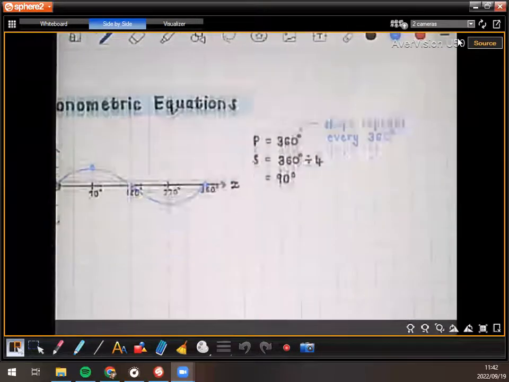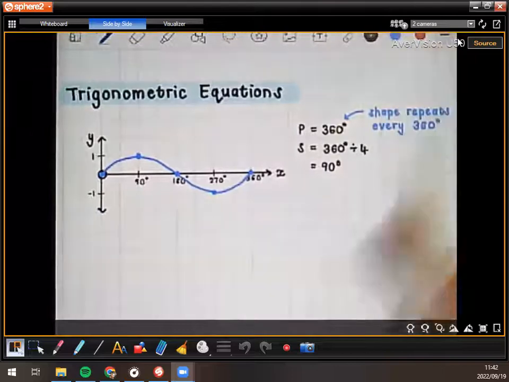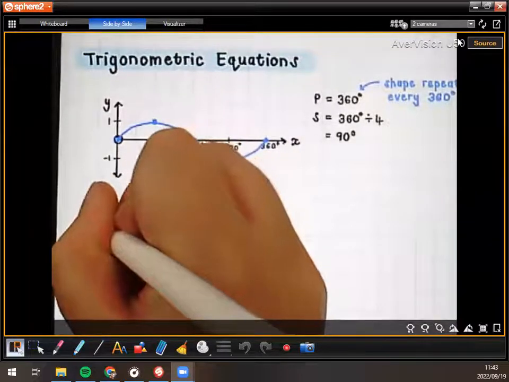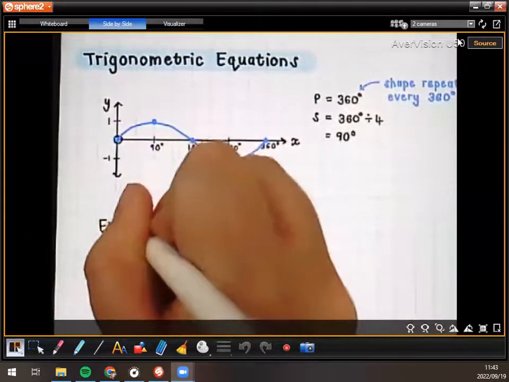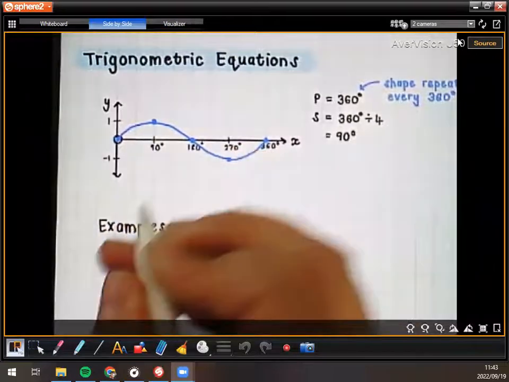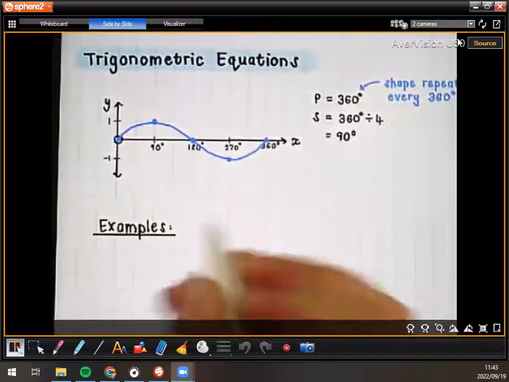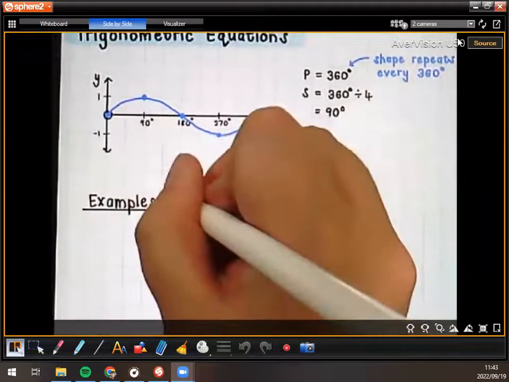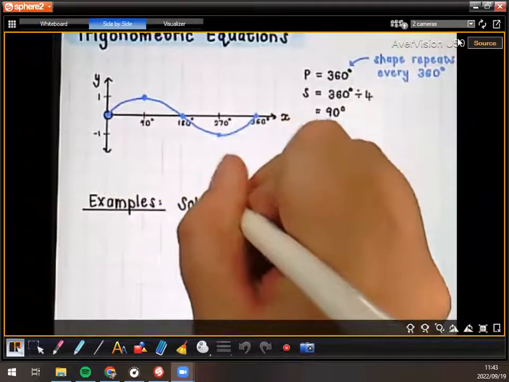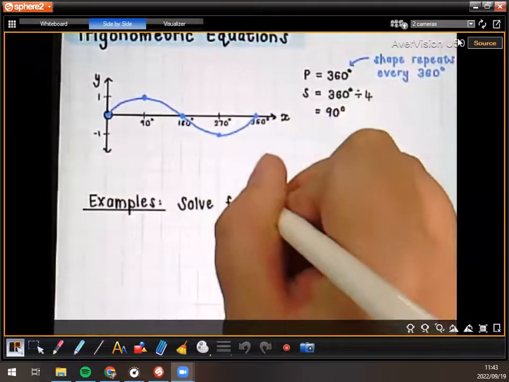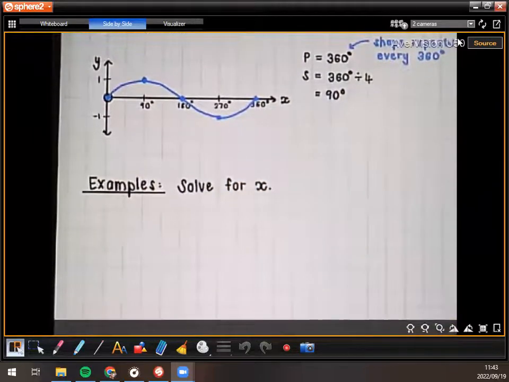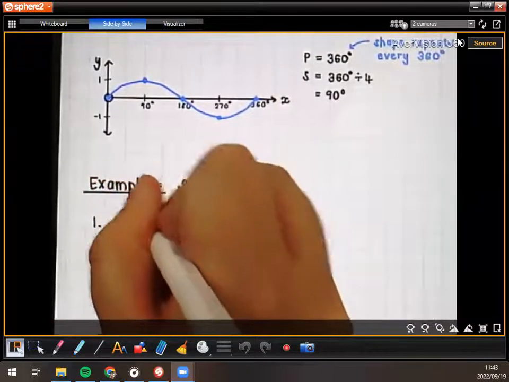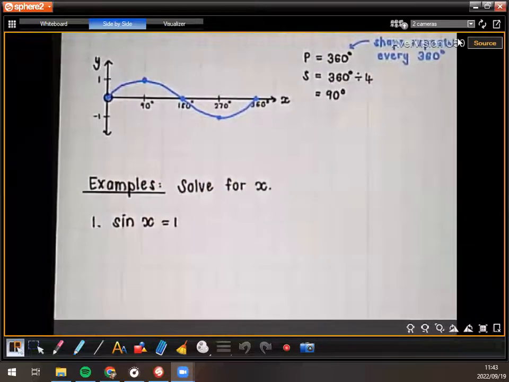I'm just going to show you a very basic sine or trig equation quickly. So if you can just write examples. And we are going to solve for x. First one that we're going to do is sine x equal to 1.